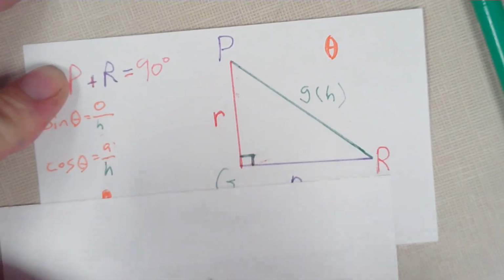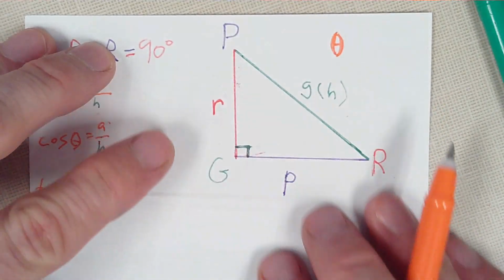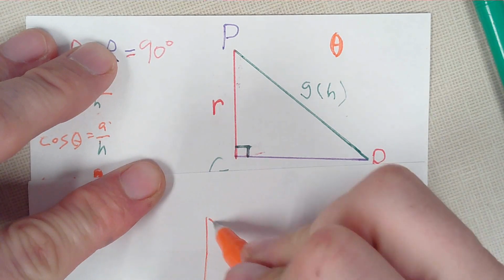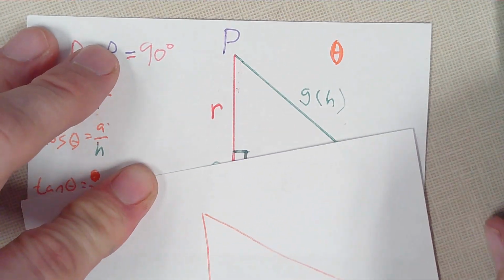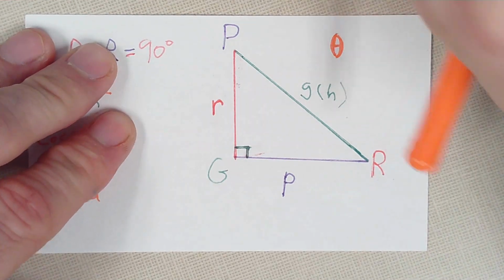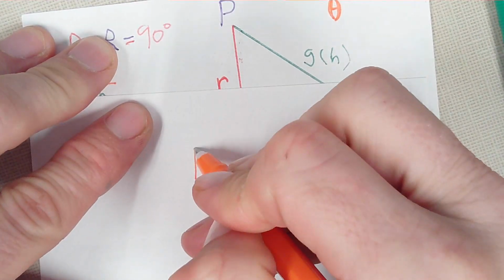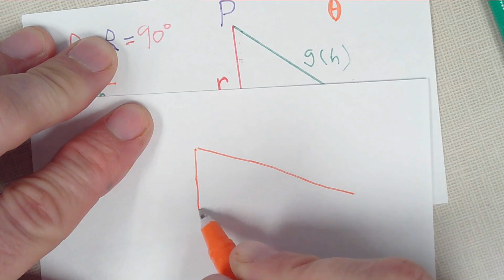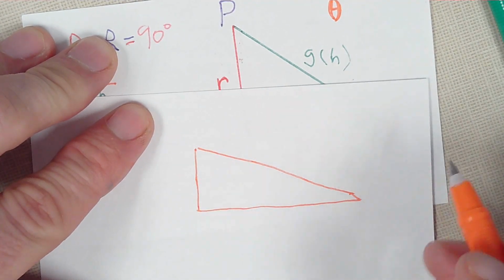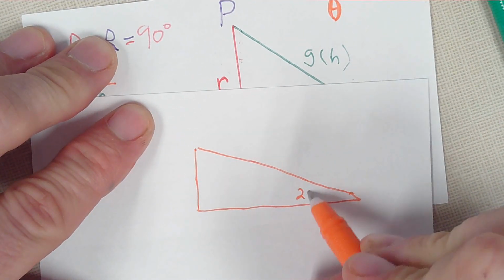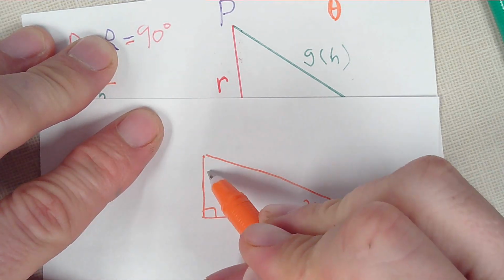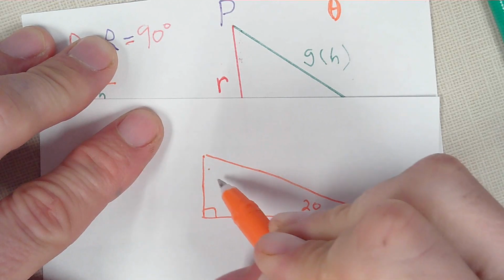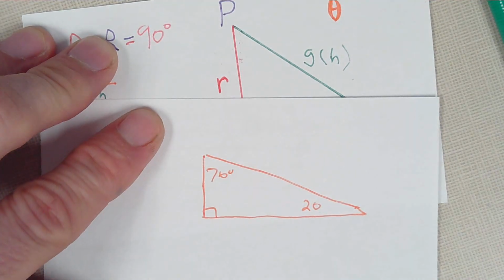Okay, so I have a right triangle. Make it obvious. Okay, so there's my right triangle, and we'll say this is like 20 degrees, and therefore this is 70 degrees, because that equals 90, right?